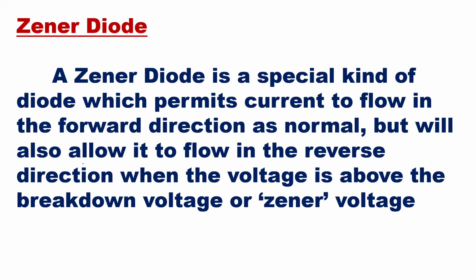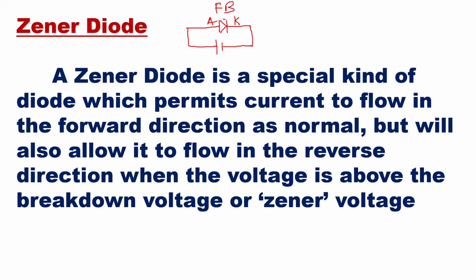If you remember what forward bias and reverse bias were, we have seen graphs for that also. This was forward bias. When you say it is forward biased, you can show the diode like this, with the positive terminal connected to the anode and the negative terminal connected to the cathode.